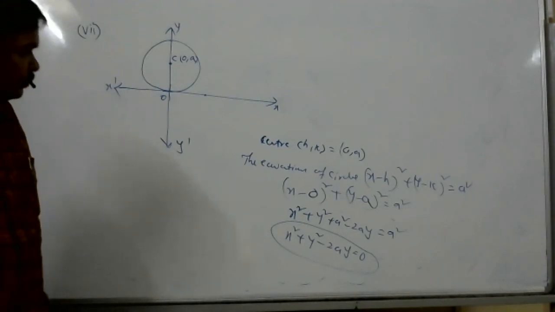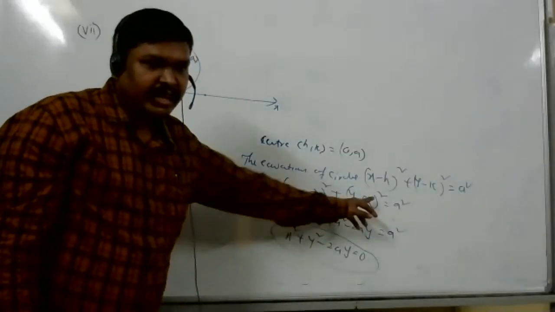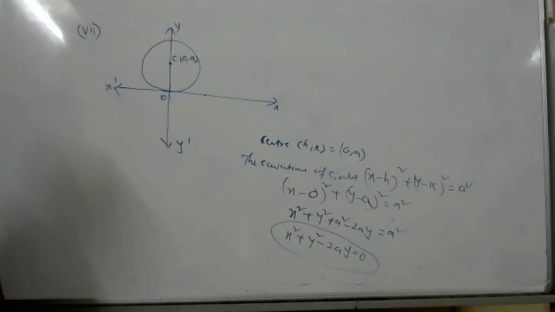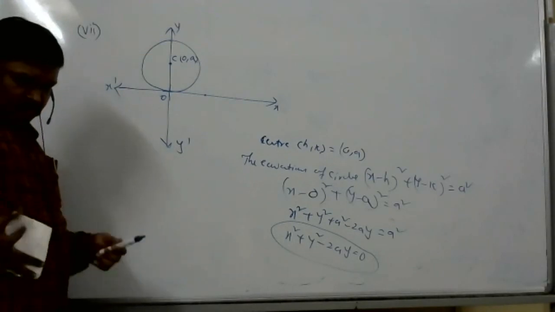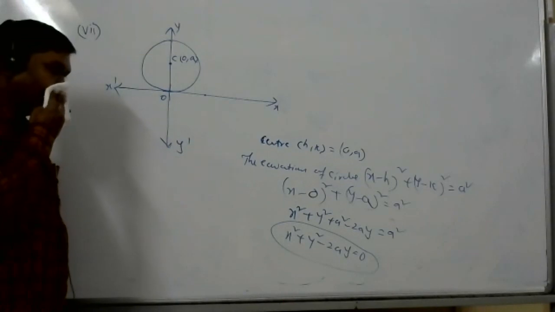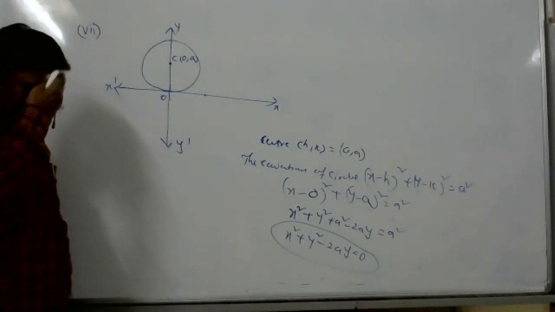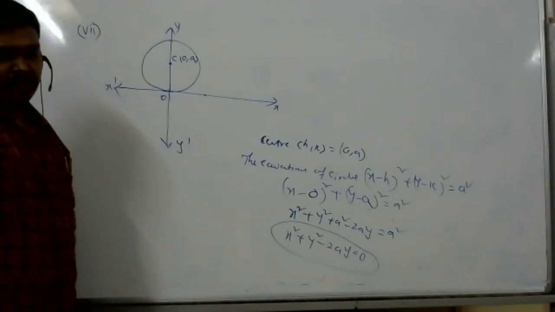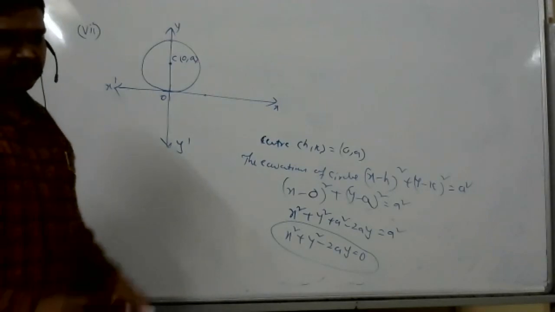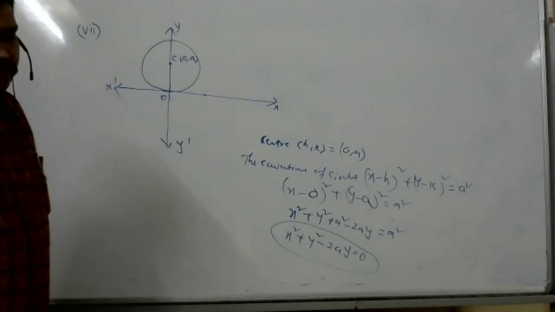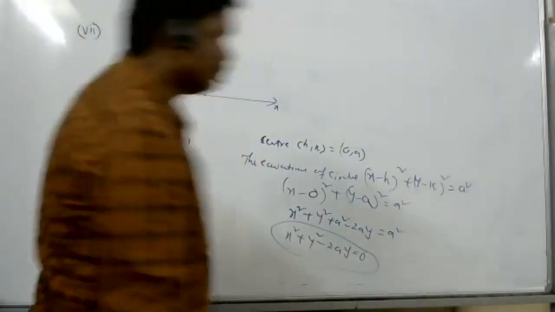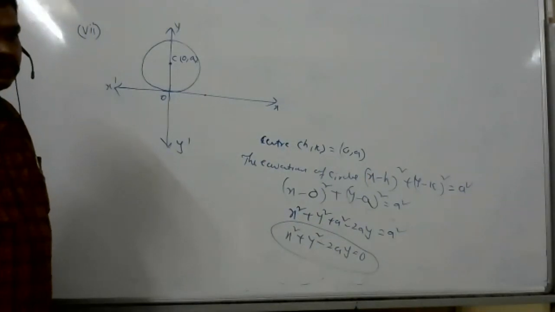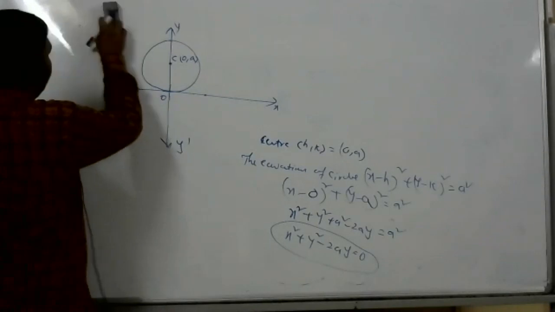So it's y minus a written, right? y minus a whole square. Sir, I don't know. Done, no? No, sir.